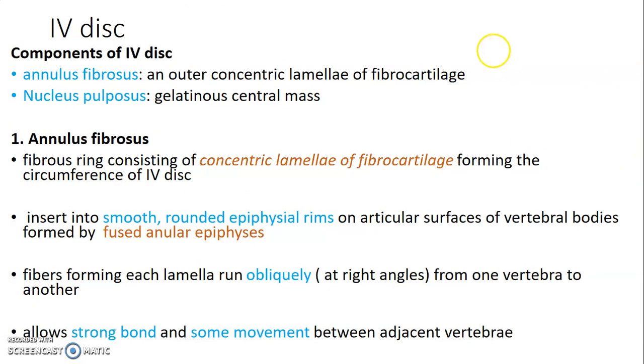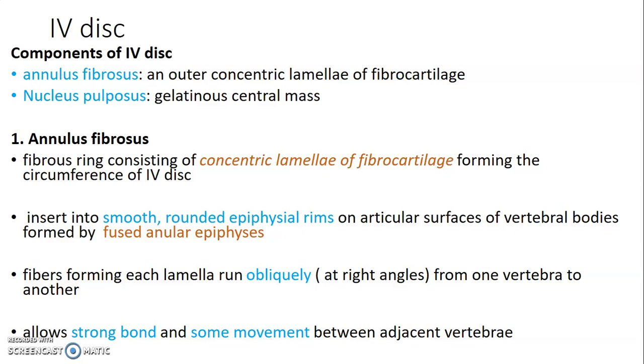They are composed of annulus fibrosus, which is the outer concentric fibrocartilage layer, and nucleus pulposus, which is a gelatinous central mass. The annulus fibrosus is concentric lamellae of fibrocartilage forming the circumference of the IV disc. It usually inserts into the smooth epiphyseal rim of the articular surfaces of the vertebral body, therefore forming a fused annular epiphysis.